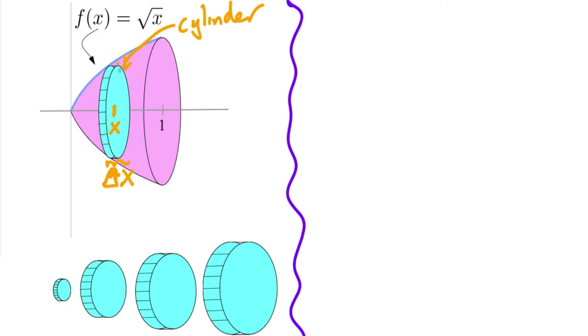Okay, let's say you wanted to find the volume of one of these discs. Let's call it disc CS, disc cross section. Well, it's a cylinder, right?